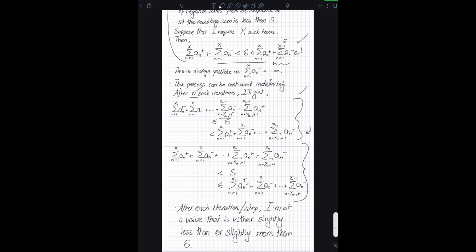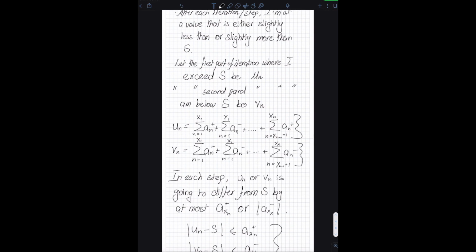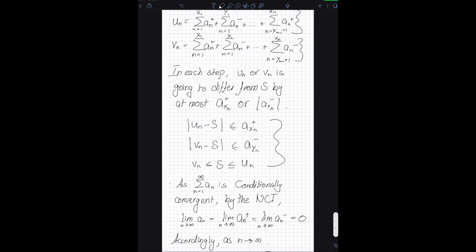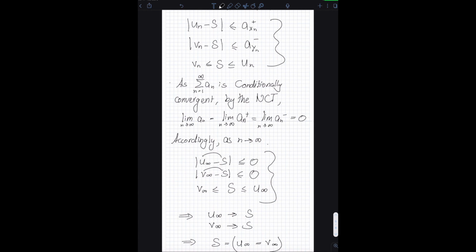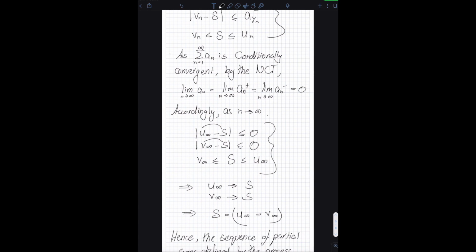And then once you've written out the iterations more generally, you just need to recognize the fact that since the summation from n equals 1 to infinity of a sub n is conditionally convergent, as n tends to infinity, the terms in the sequence a sub n become smaller and smaller.